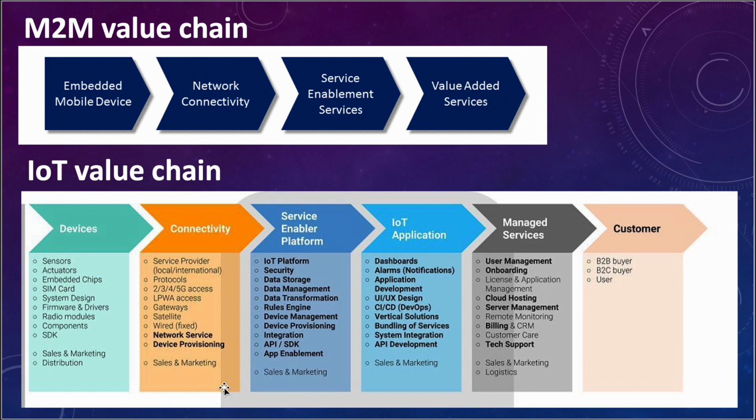So basically in this value chain we are addressing the same thing. Managed services, user management, onboarding, licensing, application management, cloud hosting, server management, remote monitoring, billing, CRM, customer care, and so on. If you say customer care, tech support, all this part is service management.